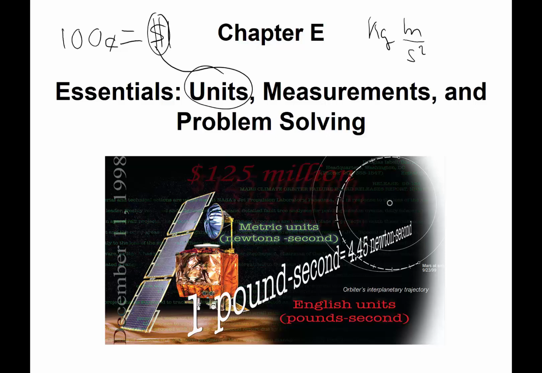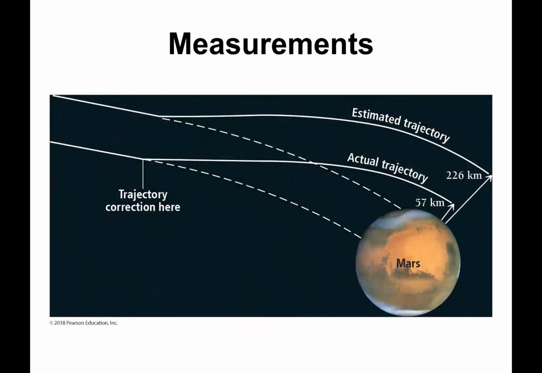Anyway, it cost $125 million because they miscalculated the force that Mars would exert on the lunar module, and therefore the estimated trajectory wasn't true, and the lunar module crashed on Mars. And that's not a mistake you want to be making, right?